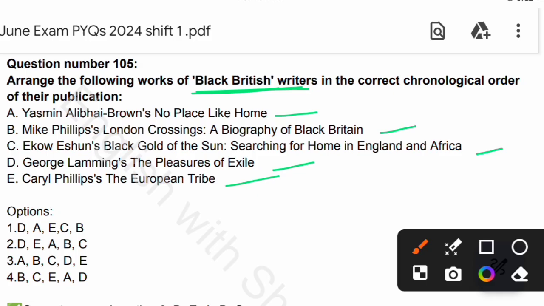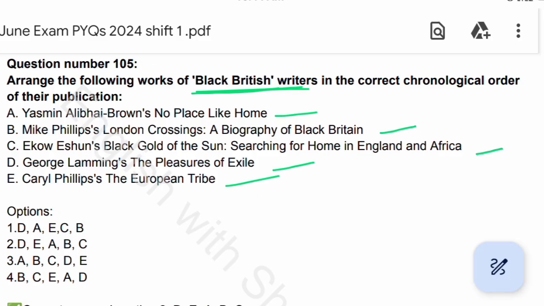NTA puts three types of questions in the exam: some easy, moderate and difficult. So you don't need to worry, but practice each type of question, not just easy or moderate, you have to maintain the balance.